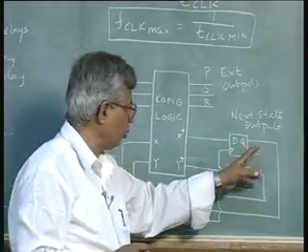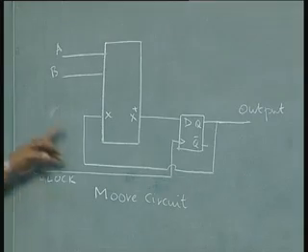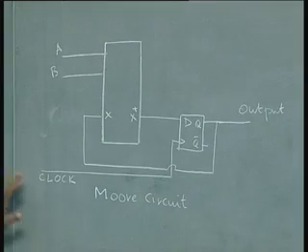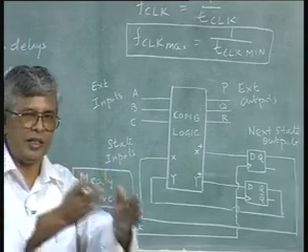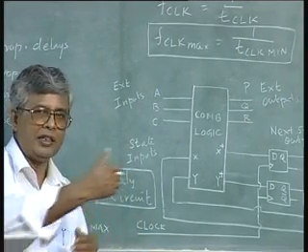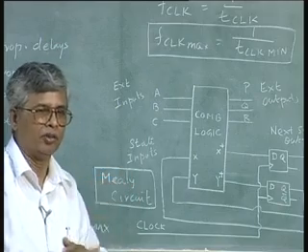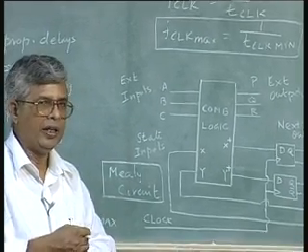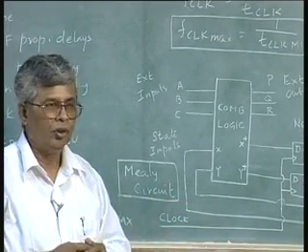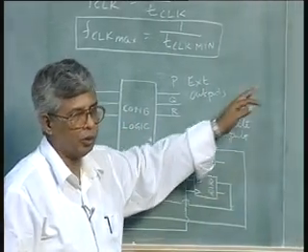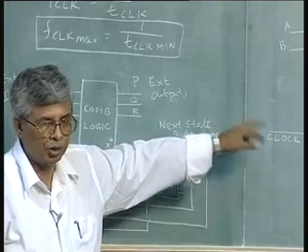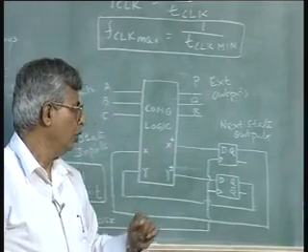Assuming that these outputs go to another similar circuit and we are going to clock this also, we work like a sort of stage by stage pipeline. There are several stages. Supposing your circuit has several stages of sequential circuits, and all of these stages have flip flops, and output of one stage acts as the input of the second stage, output of the second stage acts as the input of the third stage, and so forth.